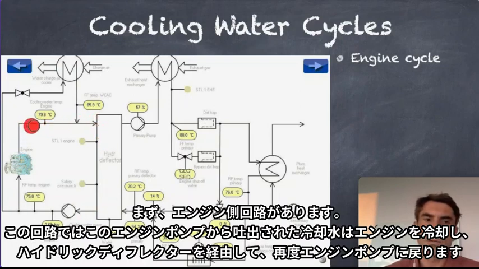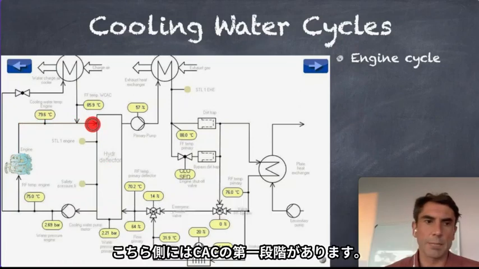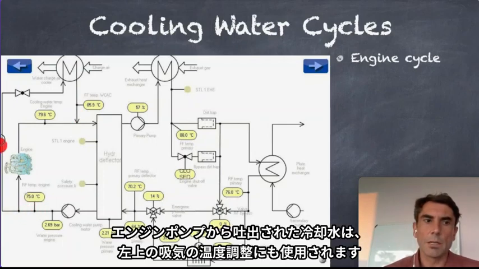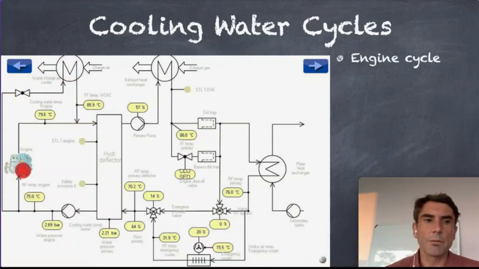We come back to the equipment later on, step by step. As well, we have the first stage of the charge air cooler. We are using the return flow to the engine to heat up the forward flow that goes back into the hydraulic separator. So we have heat supply from the engine and heat supply from the first stage of the charge air cooler.